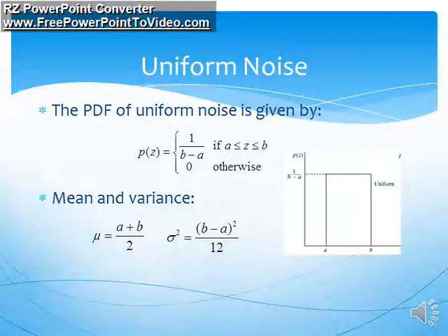Now the probability density function of uniform noise is given by p(z) equals 1 by (b minus a), if the value of z lies between a and b, that means z should be greater than or equal to a and less than or equal to b, and the value of p(z) should be equal to 0 in all other cases. So if we go for mean and variance, the value of mean mu equals (a plus b) divided by 2, and the variance sigma square equals (b minus a) whole square divided by 12.